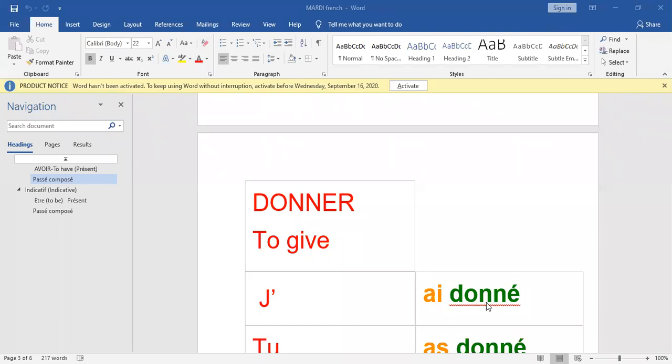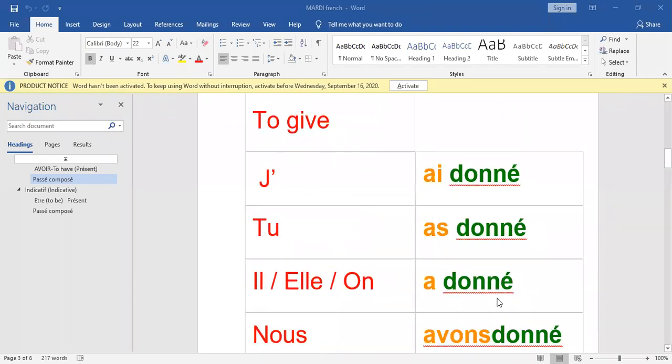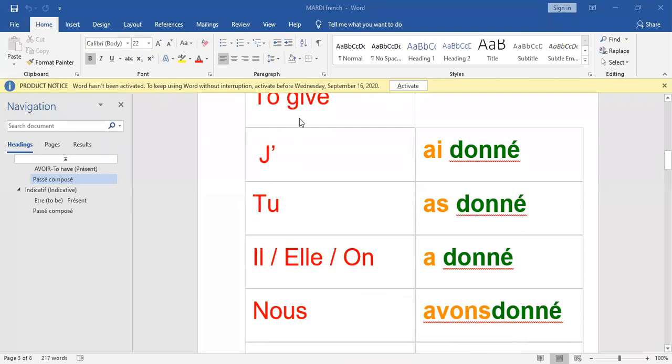And you can only use this in a sentence when you have conjugated your avoir into the present tense. Then you add your past participle. For you to say, I gave, in French language, it must be this: j'ai donné.